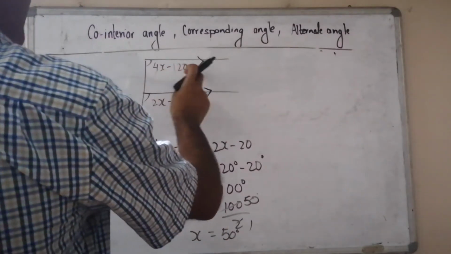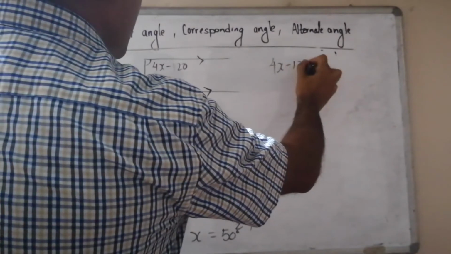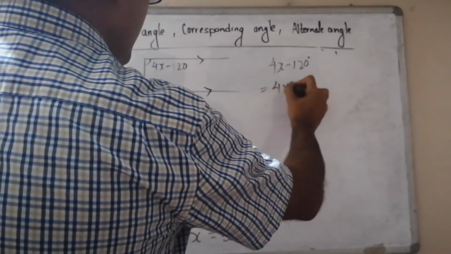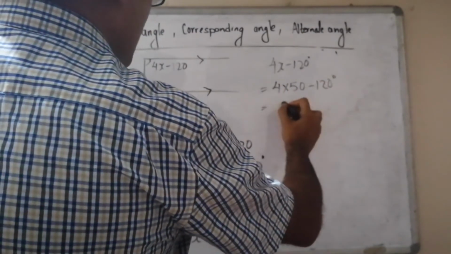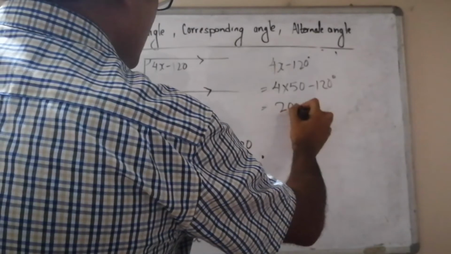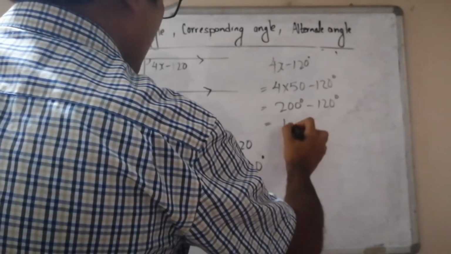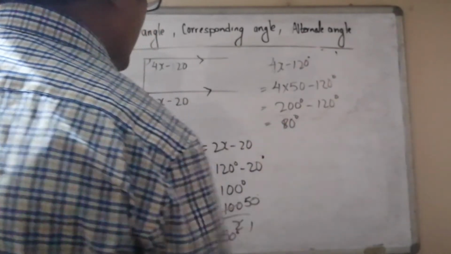So if you want to find the angle 4x minus 120 degree, then it becomes 4 into 50 minus 120 degree. 5 4s are 20, 200 degree minus 120 degree is equal to 80 degree.